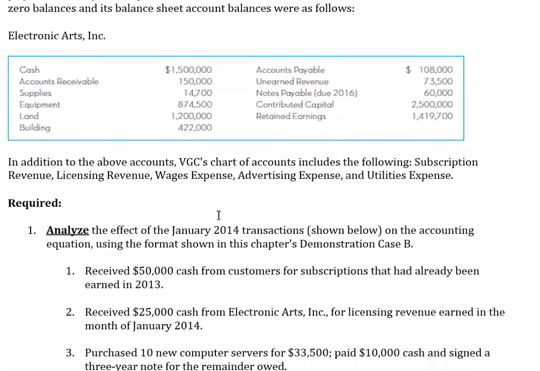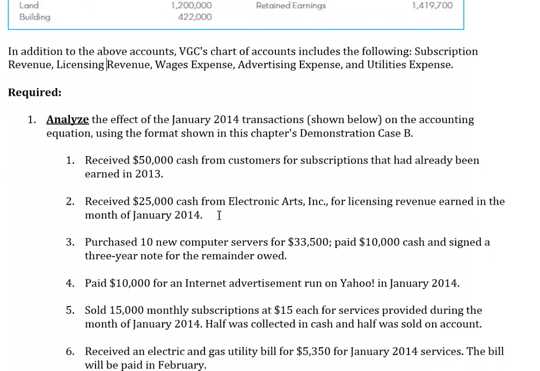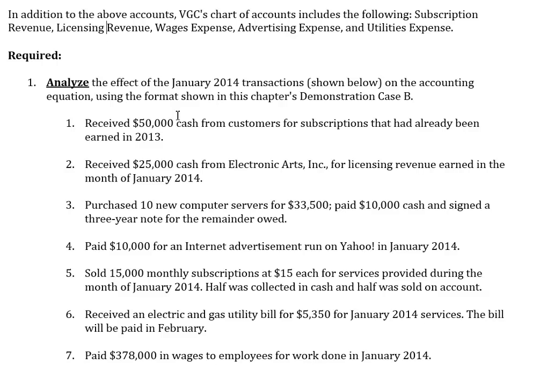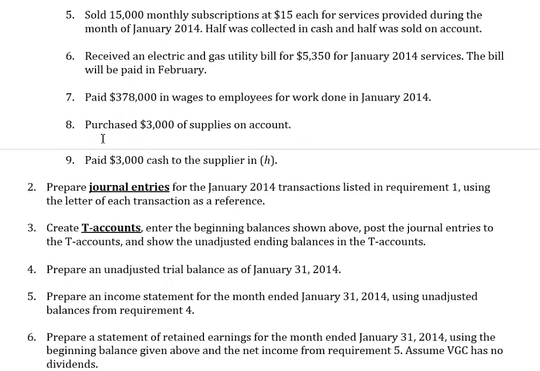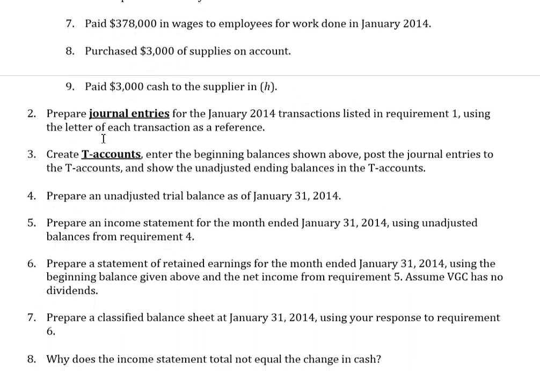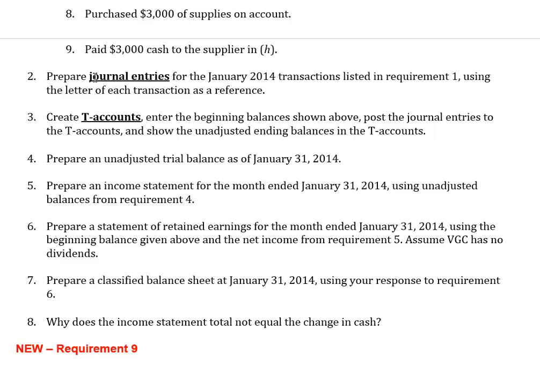So what they want you to do here is to analyze each transaction. So in the analysis part, we remember that we have to identify the accounts that are affected, if those account balances are increasing or decreasing, and if they keep the accounting equation in balance when we increase or decrease those accounts. Then what we're going to do is use that information from the analysis stage and prepare journal entries.